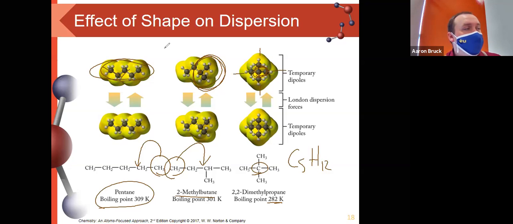So shape does make a considerable difference. The bulkier the shape is, the less access that certain atoms have to the outside world, the less interaction they're going to have.